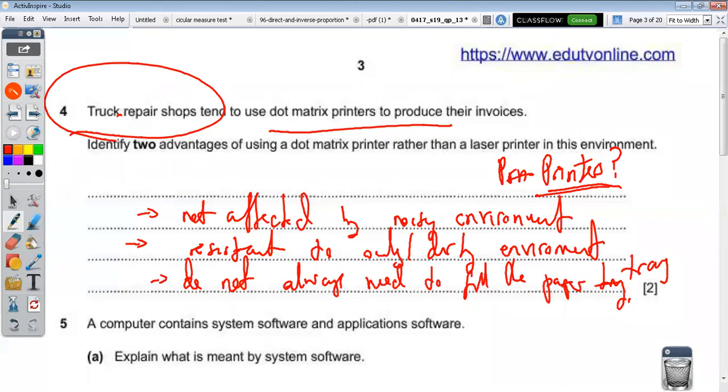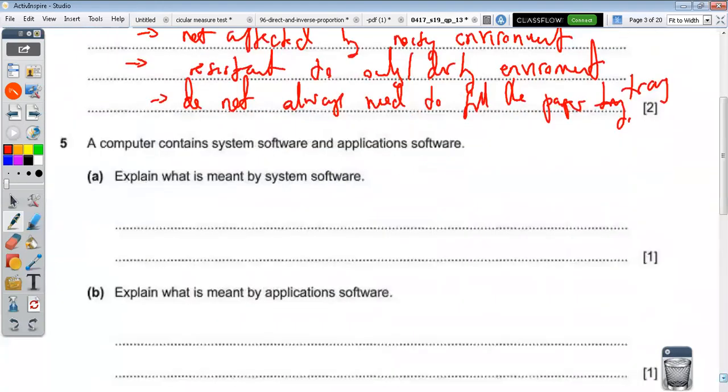Are we together? It's all in your books. You have to understand printers.